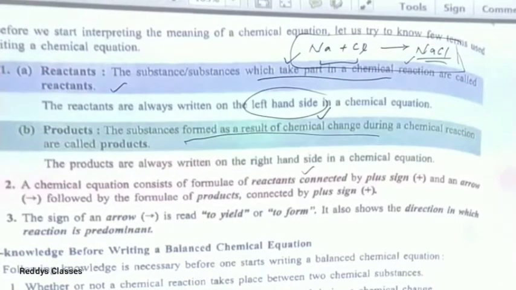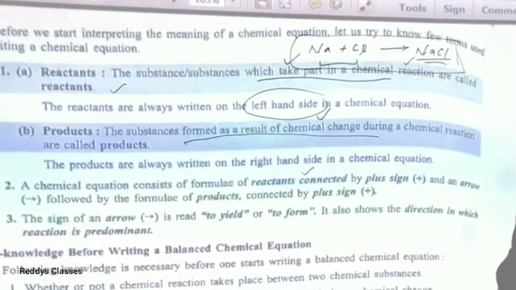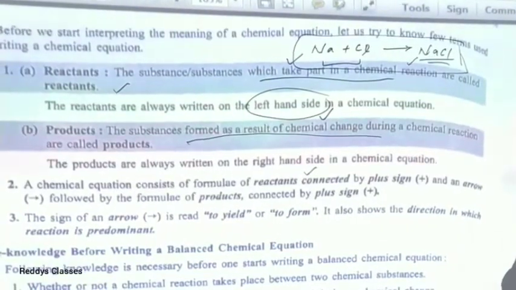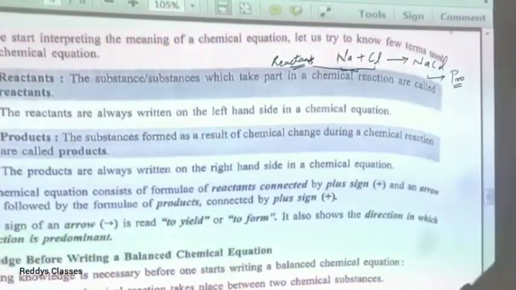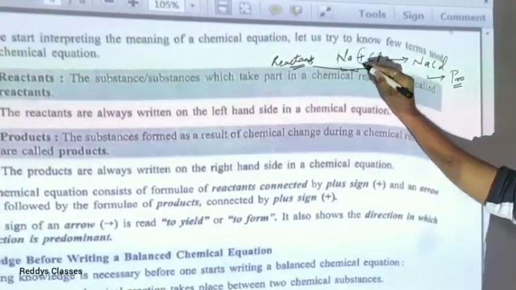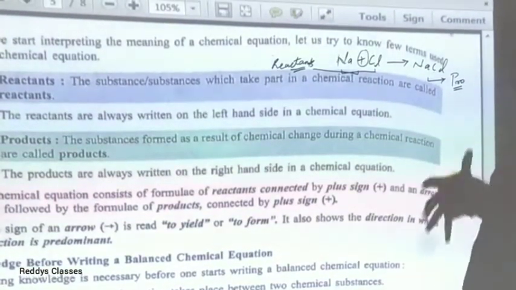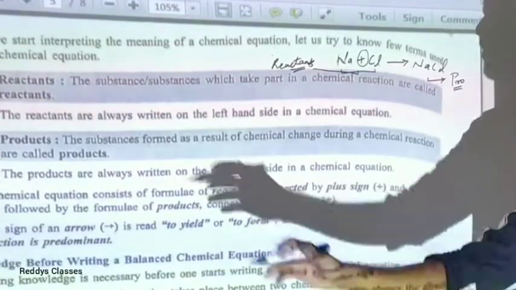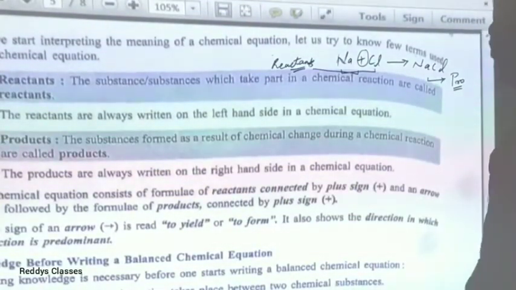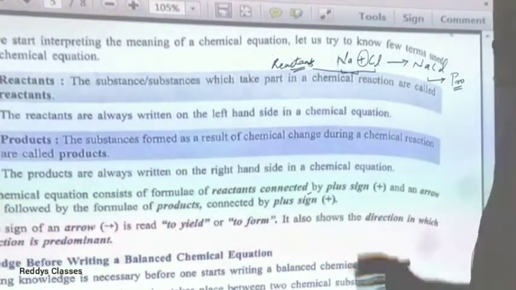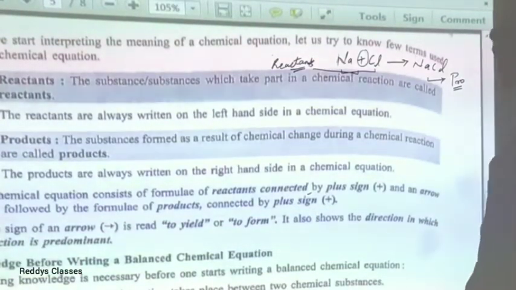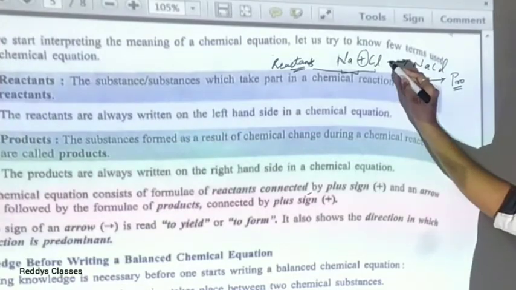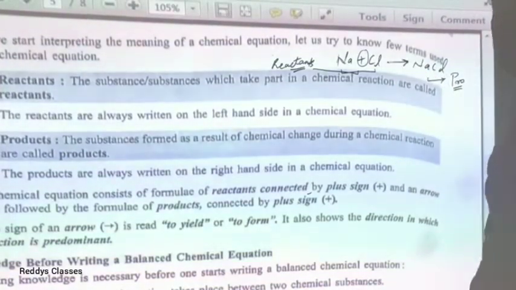Let me introduce some of the topics. Whenever there is more than one reactant, the reactants are connected with the plus sign. A chemical equation consists of formulae of reactants connected by the plus sign and an arrow, followed by the formulae of the products connected by the plus sign. You can see this arrow goes to the product.